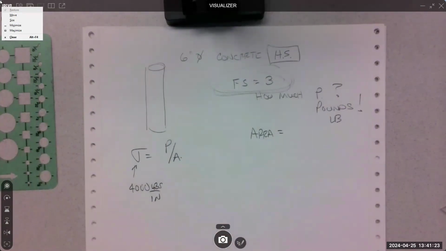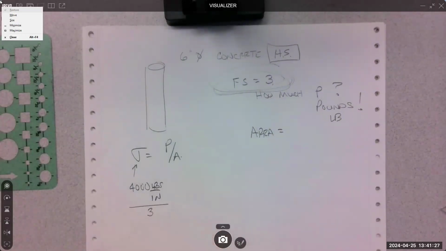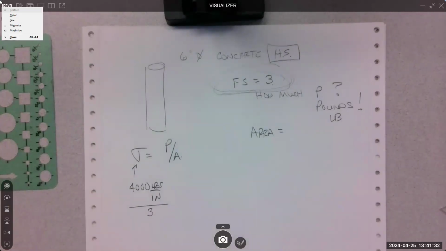What do we do with this? We should take the stress and divide it by the factor of safety. That brings it down to a comfortable position for the designer or the builder who needs to have a factor of safety of 3. So we apply the factor of safety to the stress.